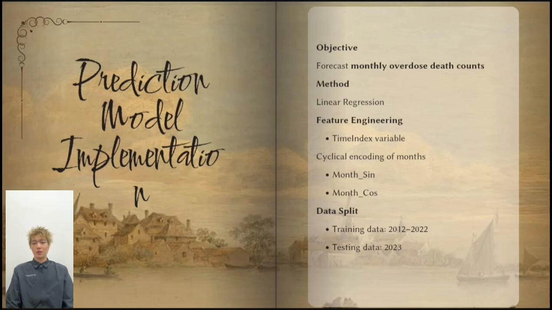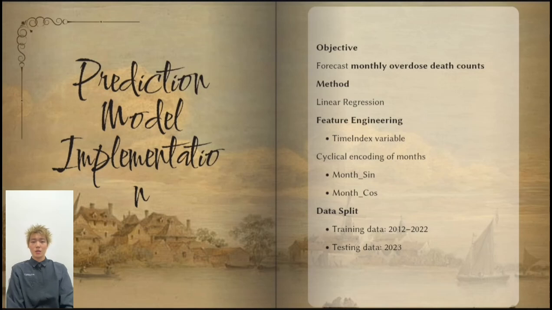So after preparing the data, we trained a linear regression model. Linear regression is one of the most common prediction models. It works by finding the baseline that shows the relationship between the input variable and the result we want to predict.